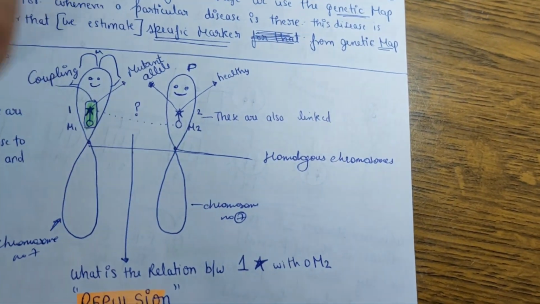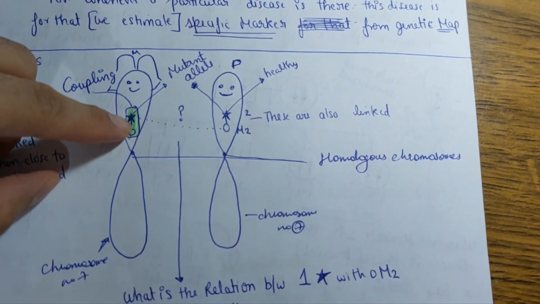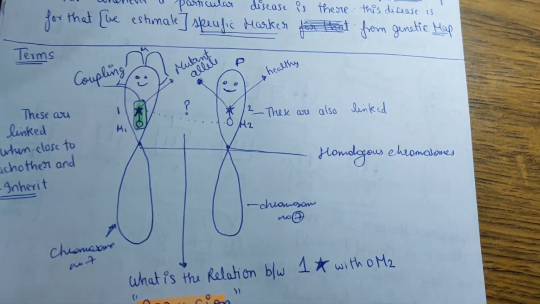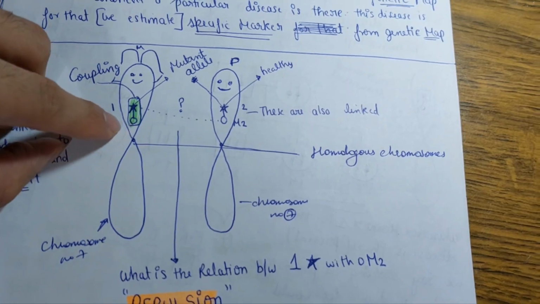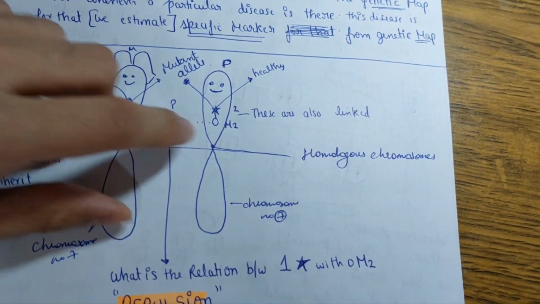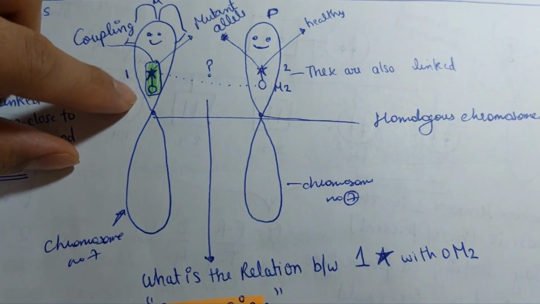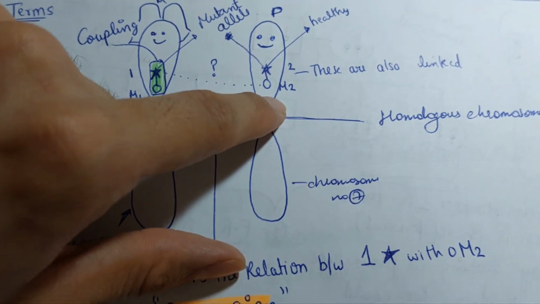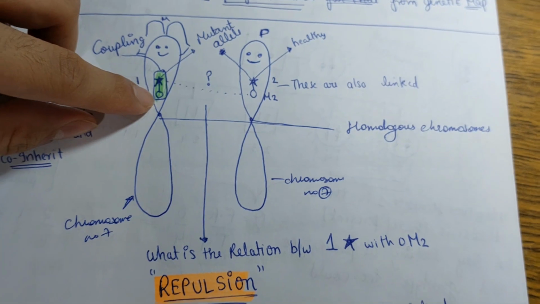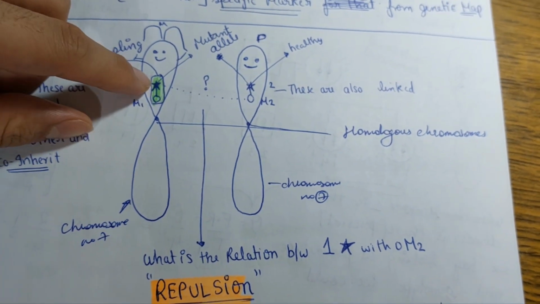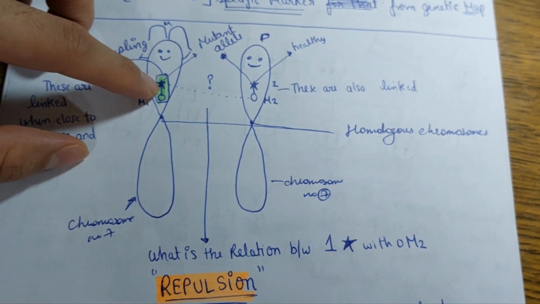The star here is the mutant allele and the star here is the healthy allele, and the round shape is a genetic marker labeled M. This is the first allele, M1, and this is the second allele of marker M, which we label M2. If the disease-causing gene and the M1 marker are closely linked and co-inherited, they are said to be coupled.